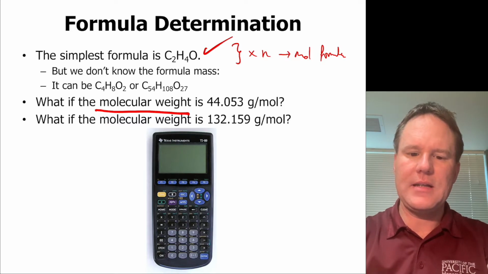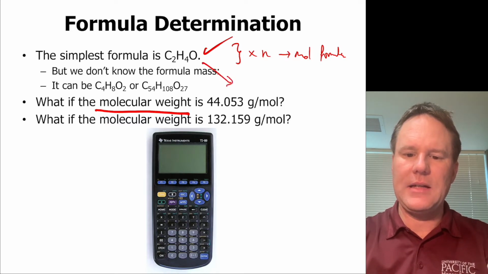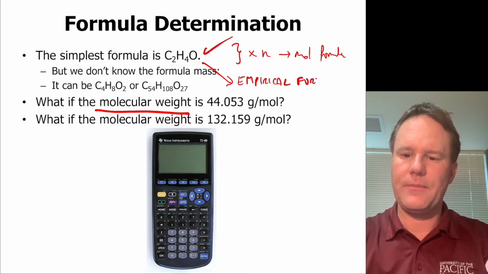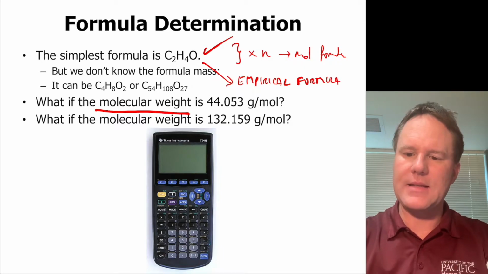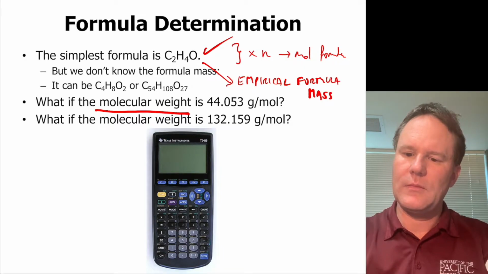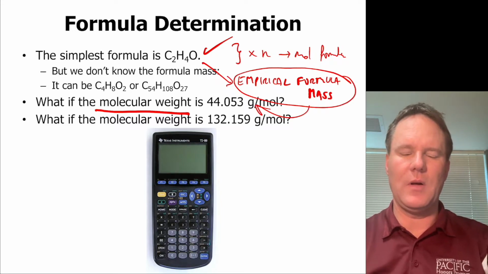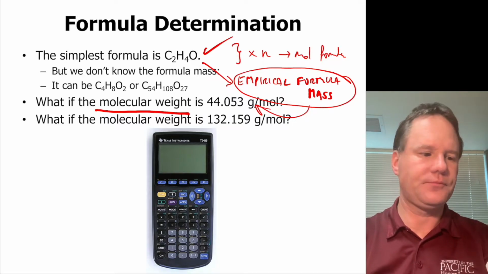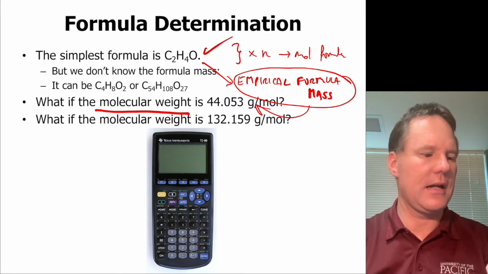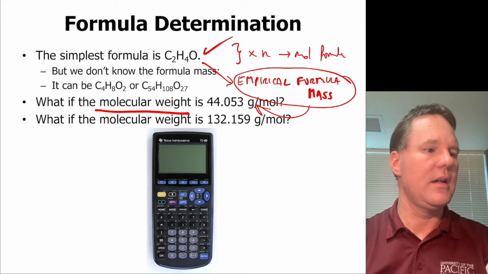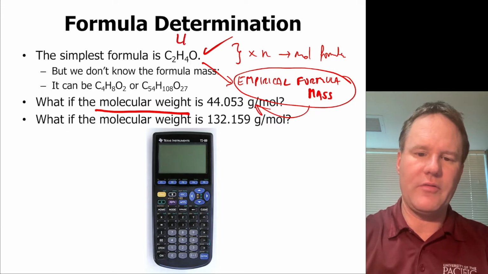The way to do it is simply calculate what would be the empirical formula mass, and then see how many times that empirical formula will fit into the molecular weight. And so let's calculate the empirical formula mass. So I'm just doing an approximation. I take carbon as 12 plus hydrogen is 1, oxygen is 16. So this is roughly 44.